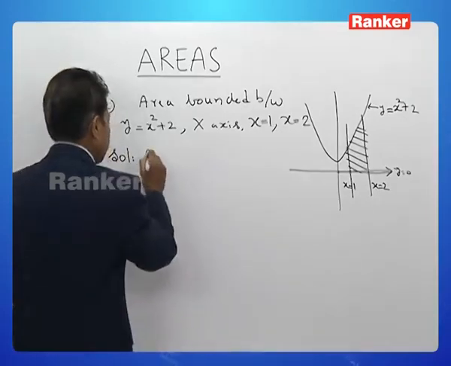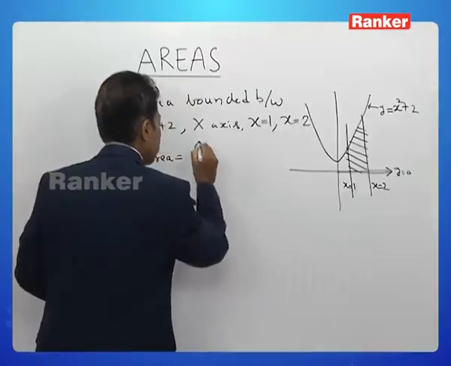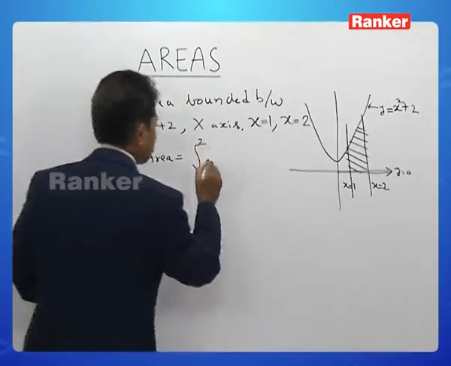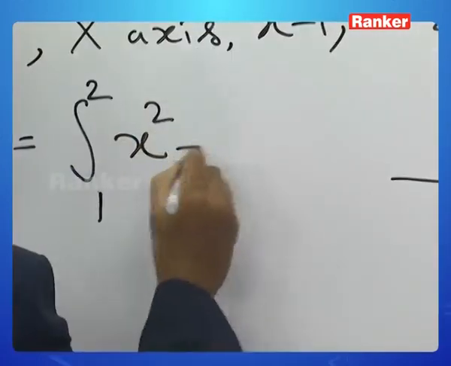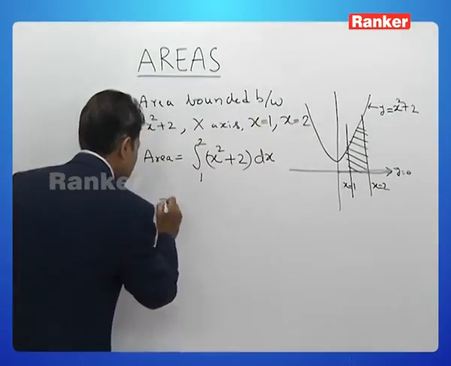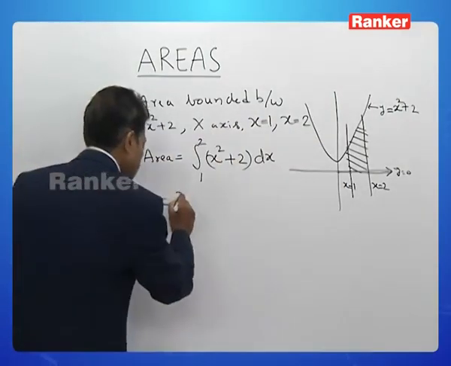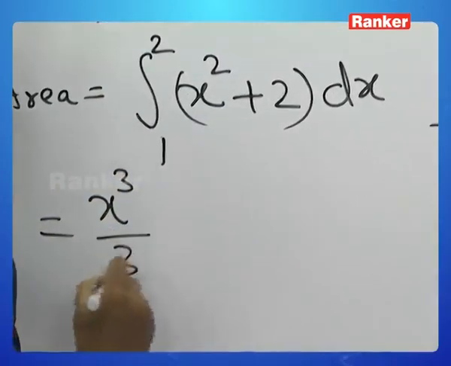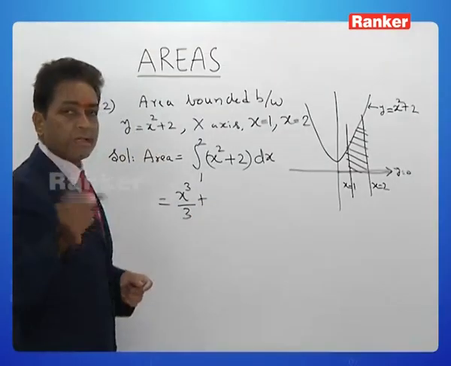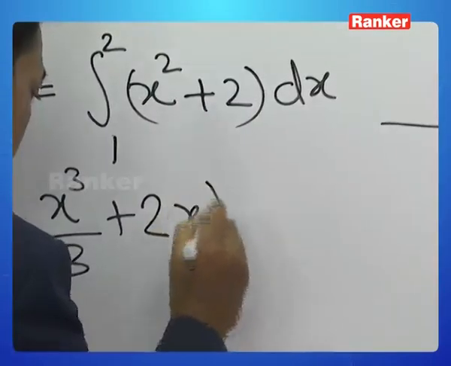So area bounded between these two, definite integration, integral 1 to 2 y dx. Okay. Now x square integration x cube by 3. Okay. What is 2 integration? 2x, and apply the limits.